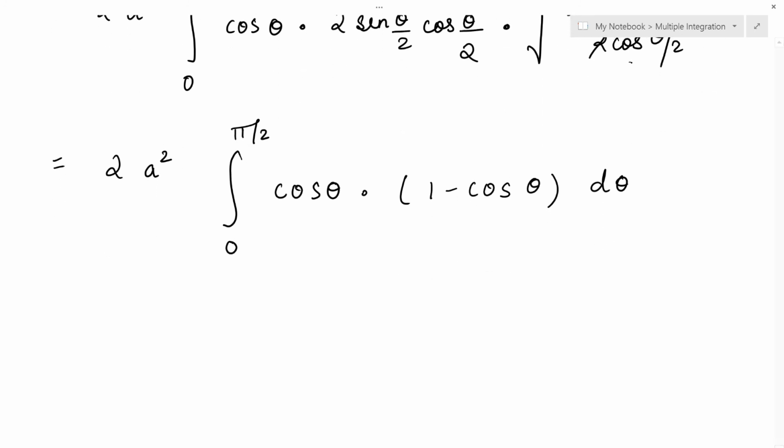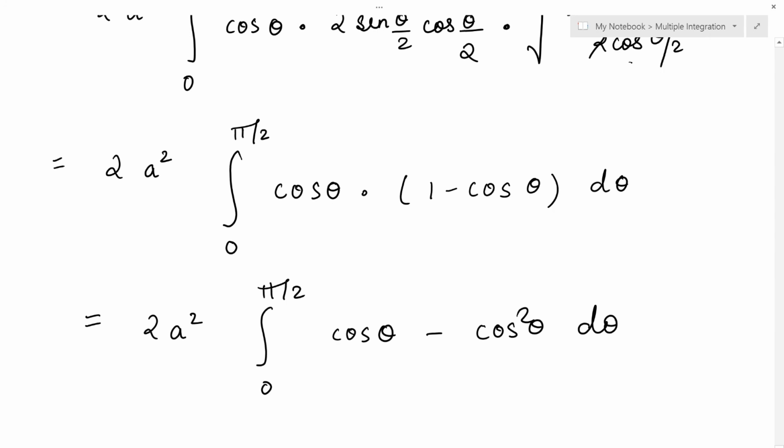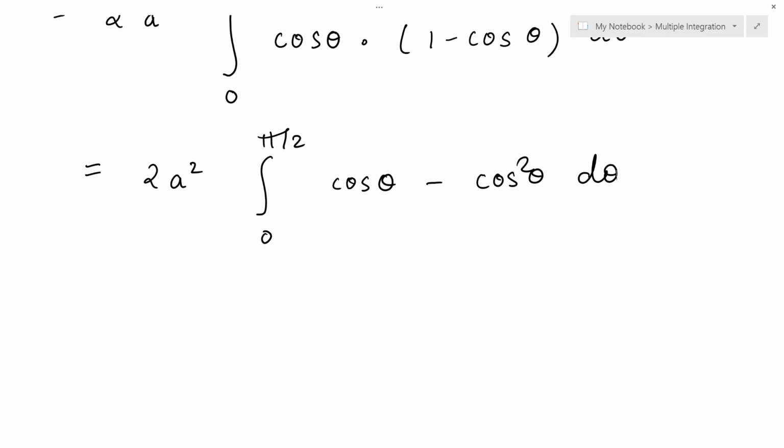So this is what you will get. Okay, so let's open the brackets. So that will be 2a square 0 to pi by 2 cos theta minus cos square theta. So what we can do, cos square theta you can write as 1 plus cos 2 theta by 2, and then we will integrate.